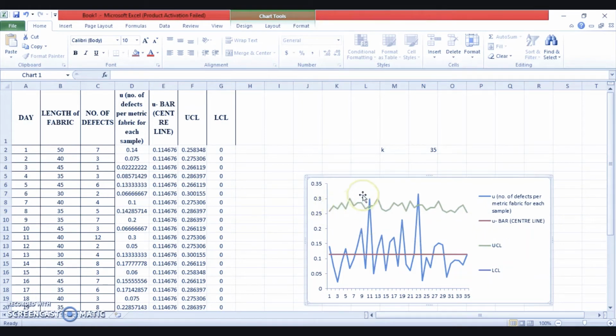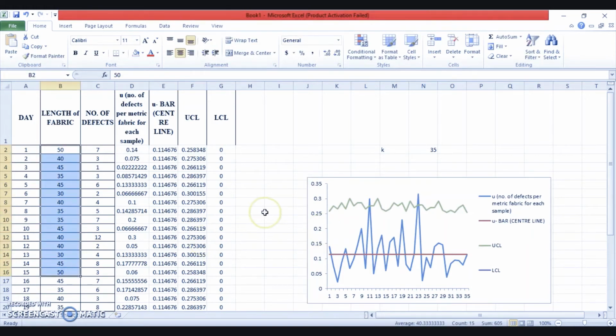So why is your upper control limit so fluctuating? Because we are using the first approach here, in which we calculated the control limits for each sample separately, and that's why there is a variation. As you remember, we have done the same practice in the P chart also, right?